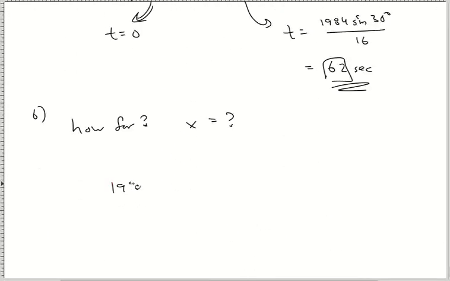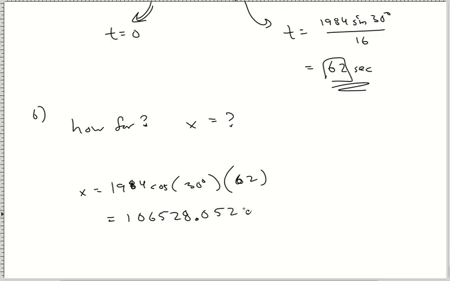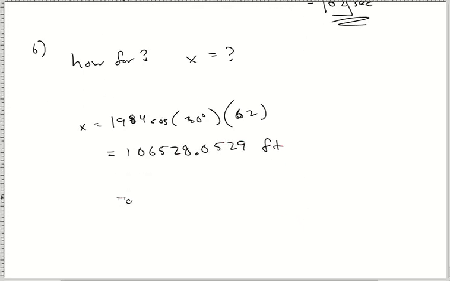So x is 1984 cosine of the 30 degrees, times my 62 seconds. When you put all this together in the calculator, I got 106,528.0529 feet.